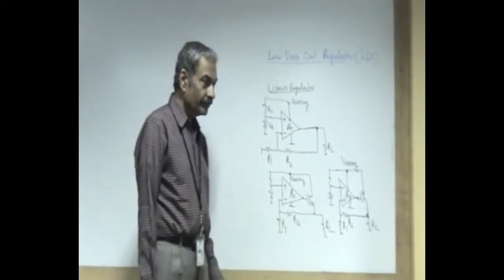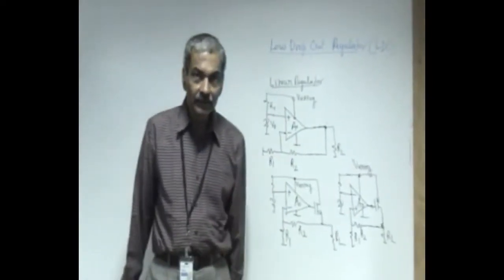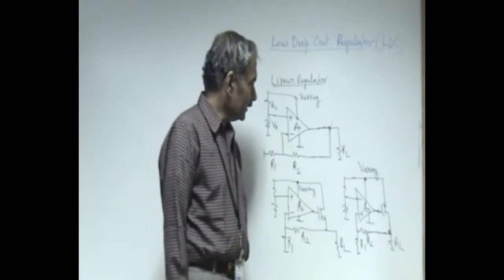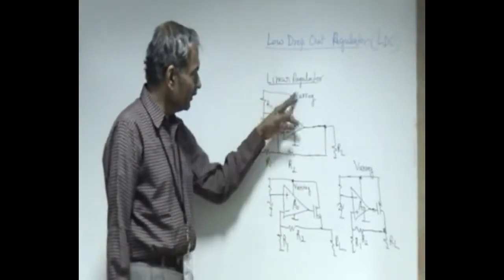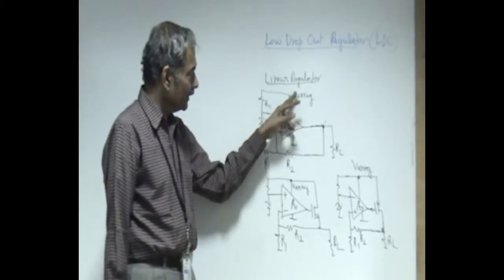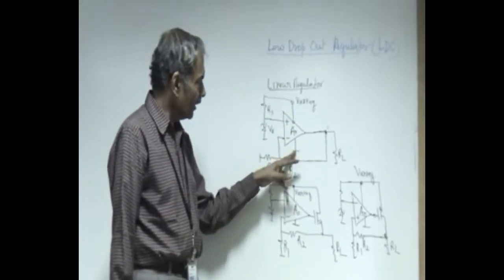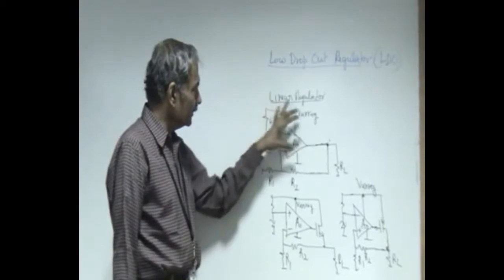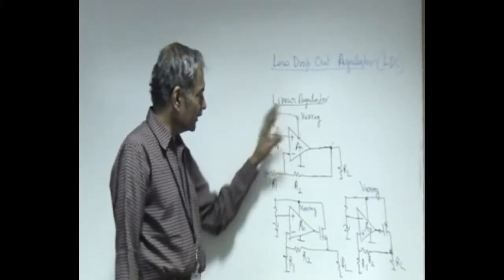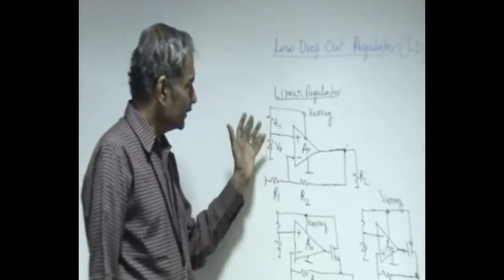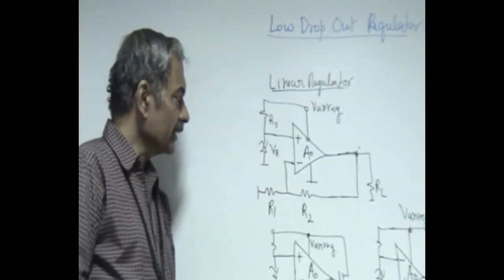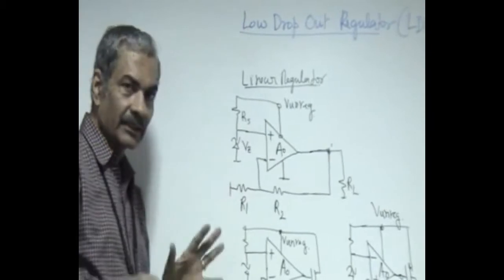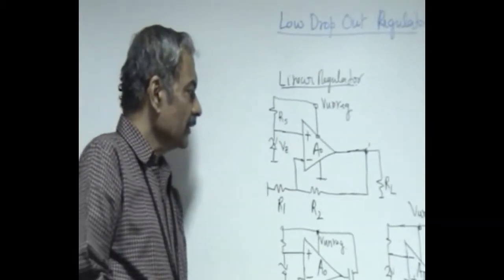A linear regulator is definitely a feedback principle of a non-inverting amplifier, with one supply being unregulated, the other being ground. We are deriving the reference from the unregulated supply. Let us say there is a circuitry that makes it independent of supply, temperature, etc. So the Vz is a reference which is constant, right?